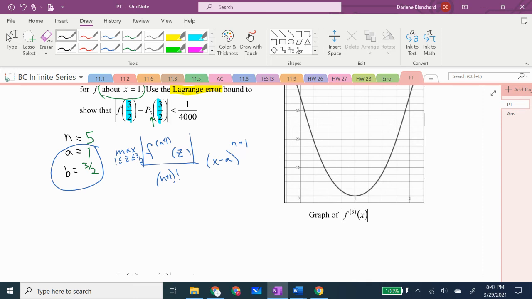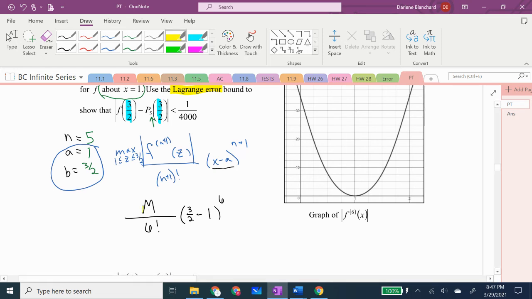Now let's continue, though. All I have to do with that nab part is figure out some maximum number, and then it's over, because n is 5, 6 factorial, and to the power of 6. Then the b number that I'm plugging into x minus the center, we can see it right there from our normal formula that we use for Taylor.